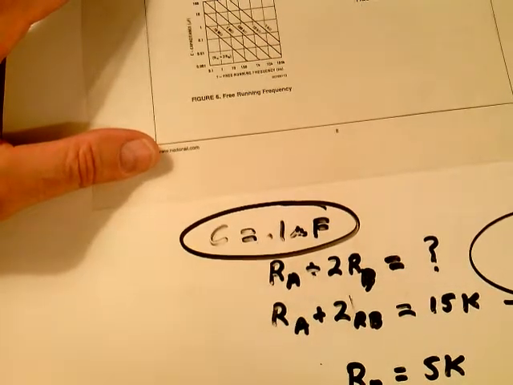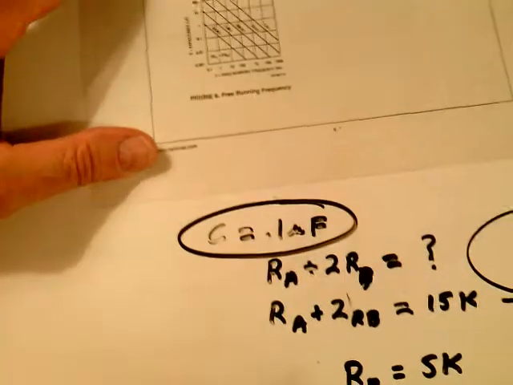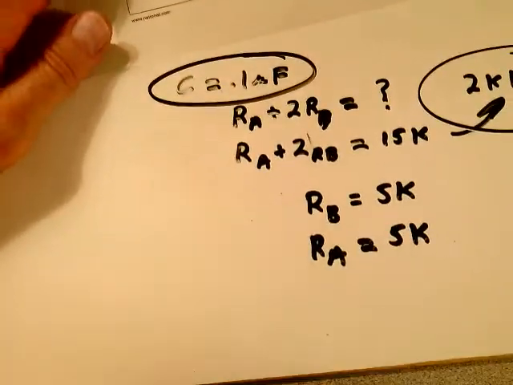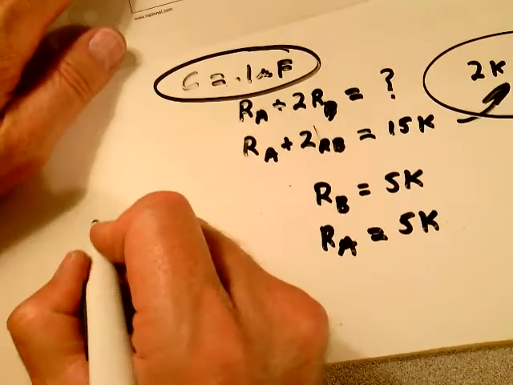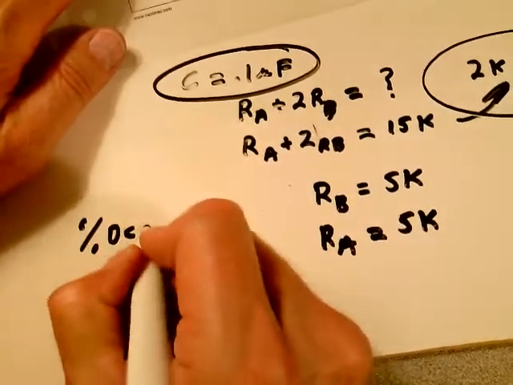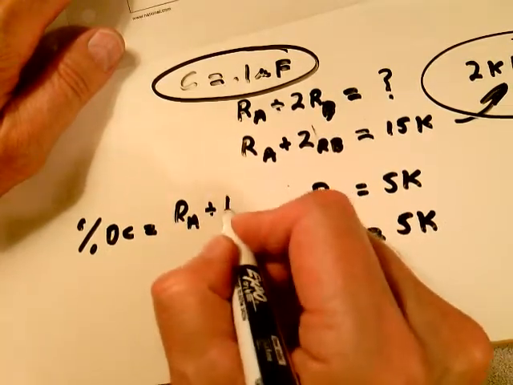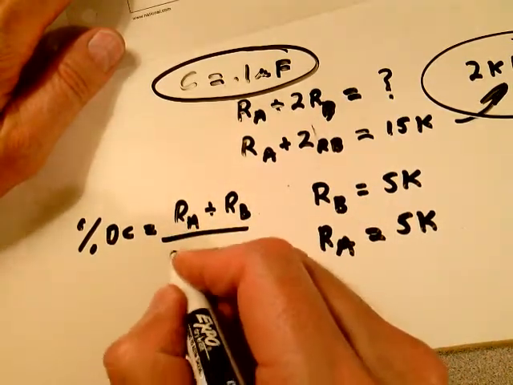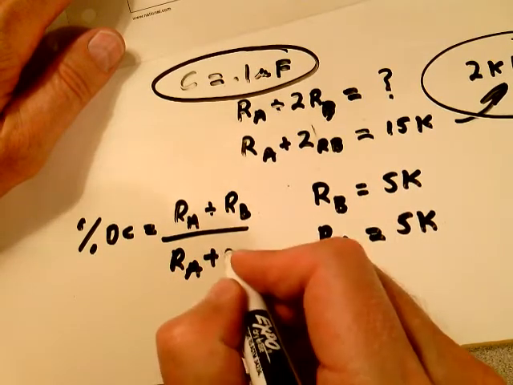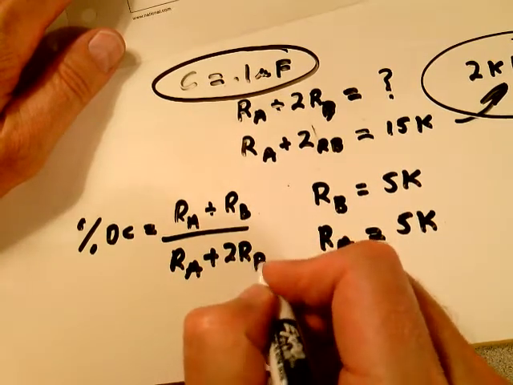But the problem is you have to satisfy another equation. You need your percent duty cycle to be 75%. My definition of my percent duty cycle right now is percent duty cycle equals RA plus RB divided by RA plus 2RB, times 100%.